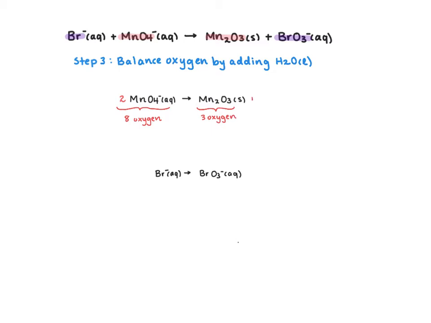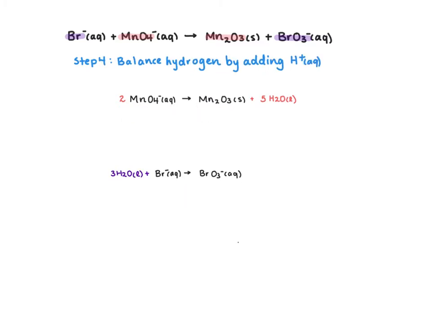And so we're going to have to add 5 waters, because each water has 1 oxygen, to balance out our oxygens. From our bromine half reaction, we have no oxygen on the reactant side, so we just have a bromide ion, and we have 3 oxygen on our product side from bromate. So we're going to add 3 water to the reactant side.